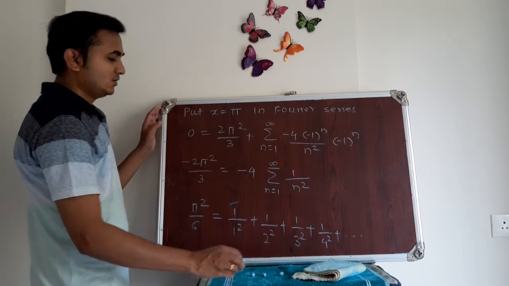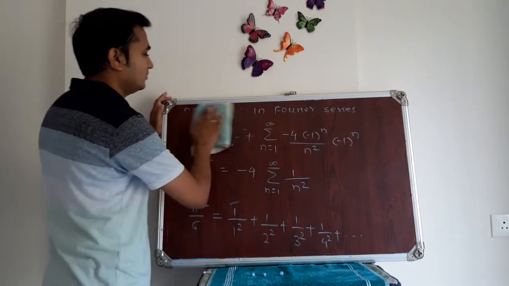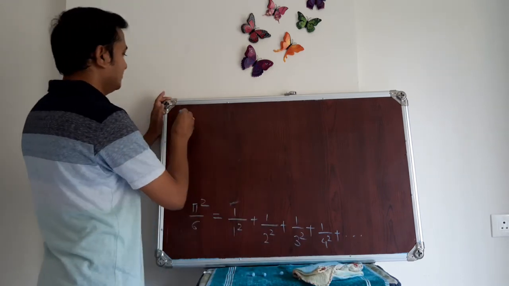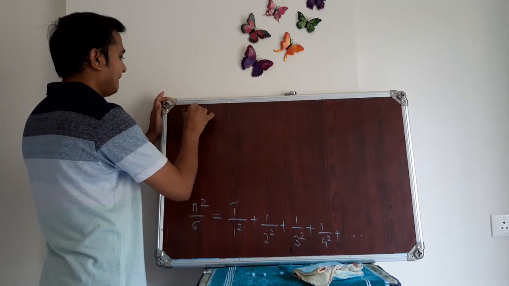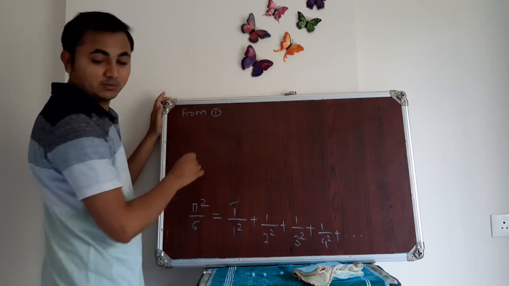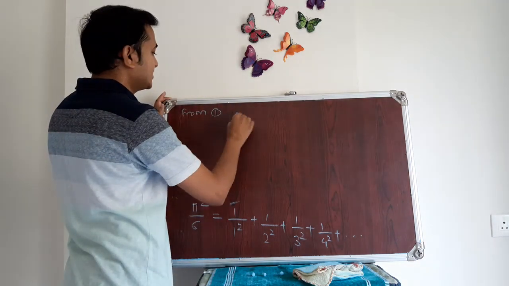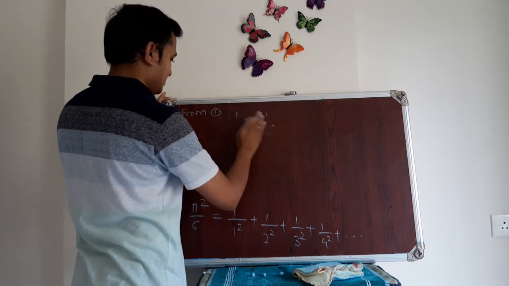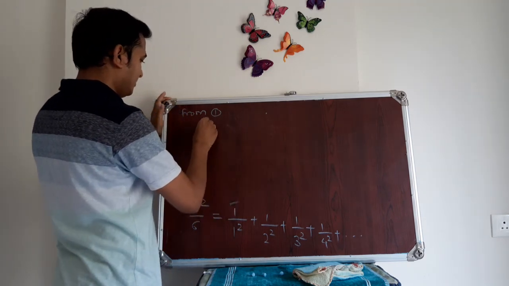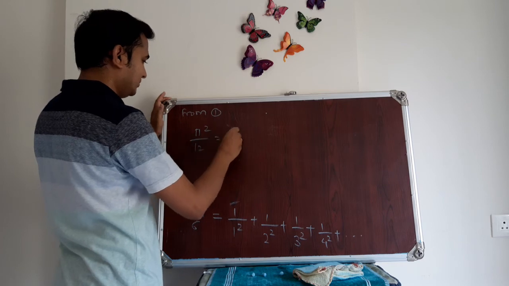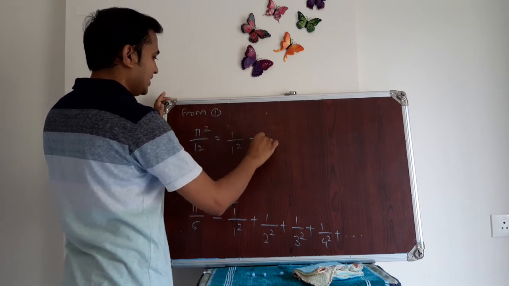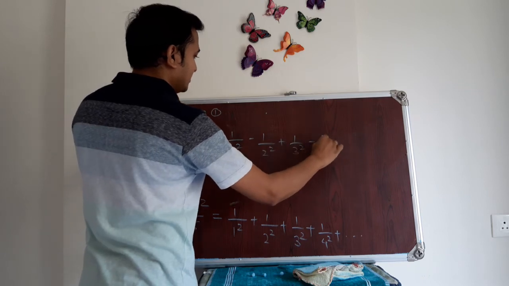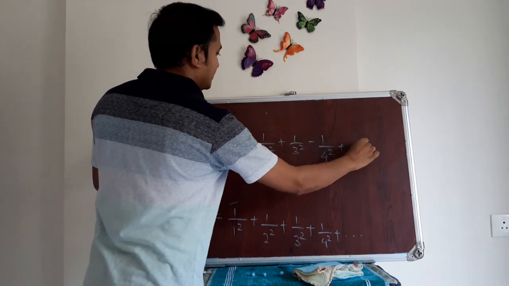So still we have not got whatever we want. What we derived earlier was pi square by 12 equal to 1 by 1 square minus 1 by 2 square plus 1 by 3 square minus 1 by 4 square and so on.